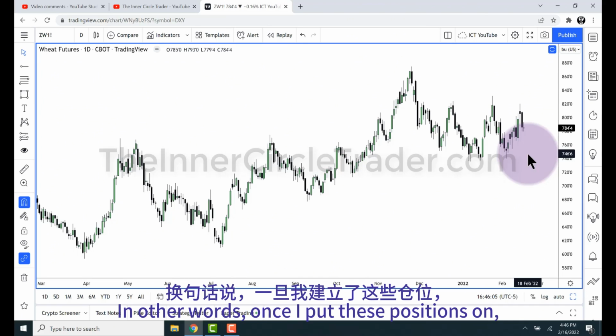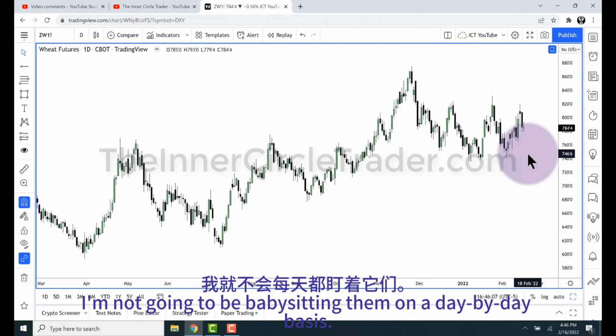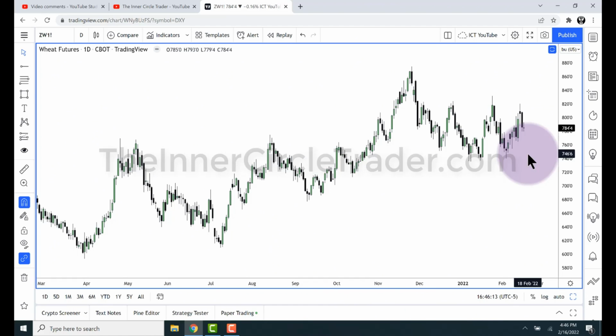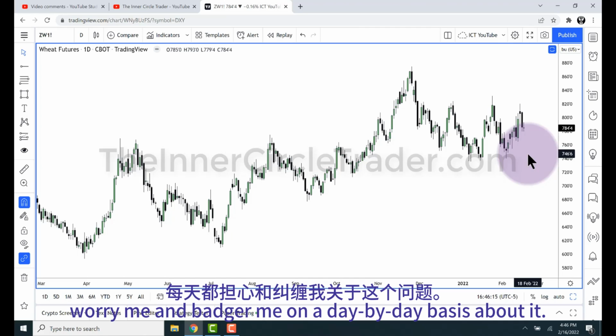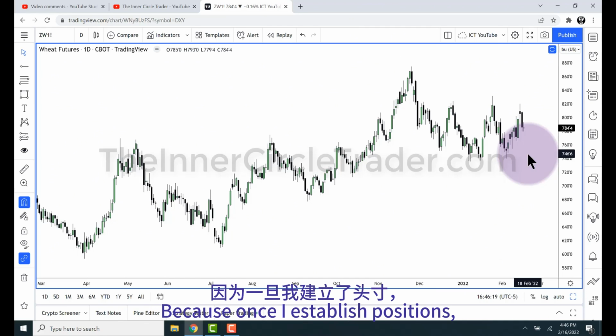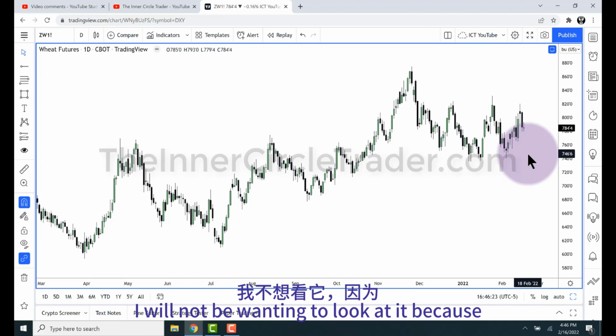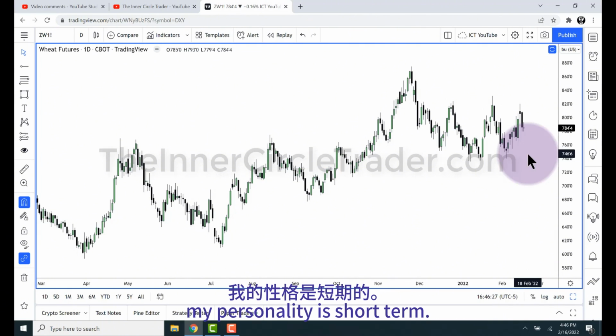In other words, once I put these positions on, I'm not going to be babysitting them on a day-by-day basis. So should these things materialize like I'm hoping they will, please do not worry me and badger me on a day-by-day basis about it, because once I establish positions, and I'll let you know when I did, I will not be wanting to look at it because my personality is short-term.